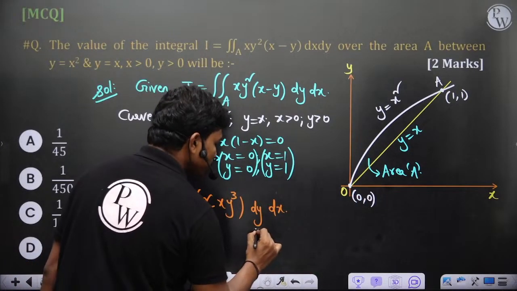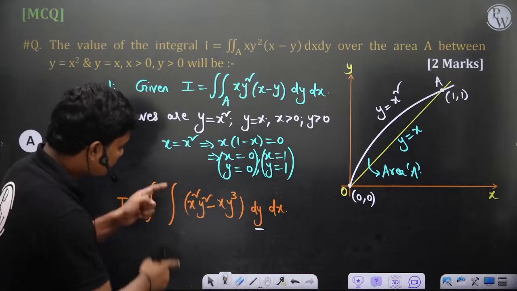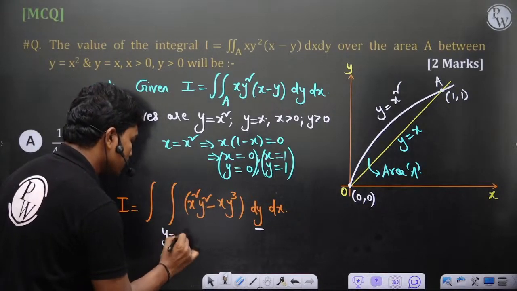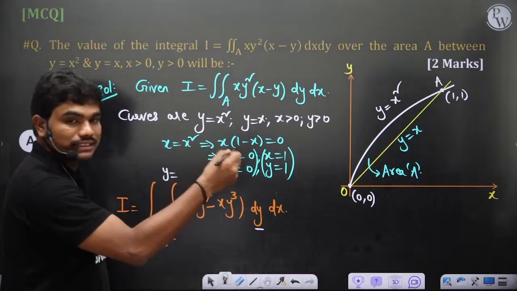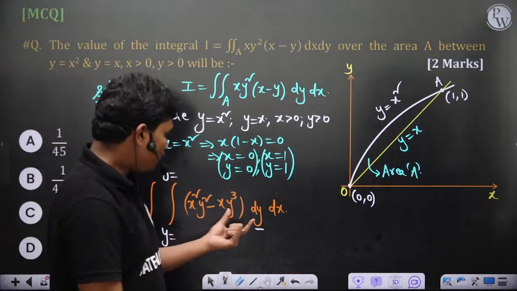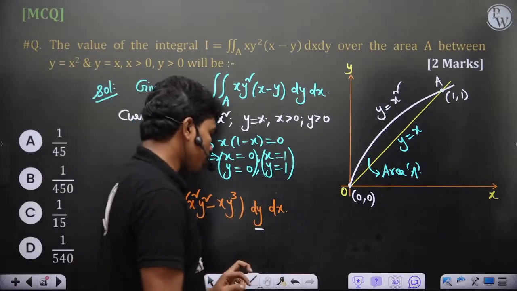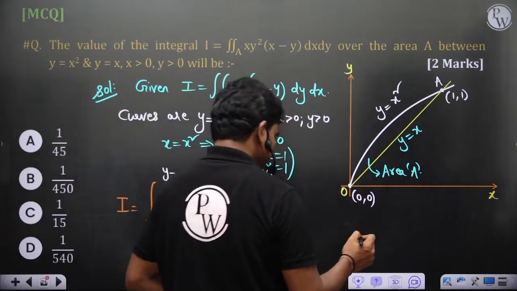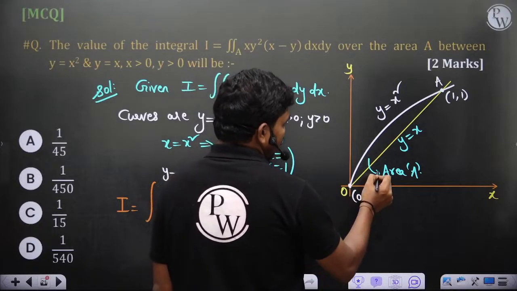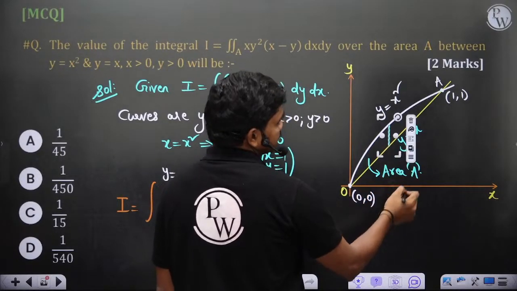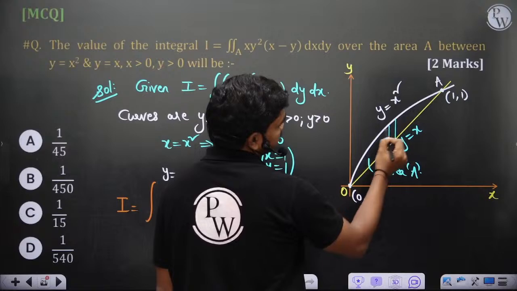When the first variable of integration is y, the limits on this inner integral should be y limits, but these y limits should be functions of x. So if your first integrating variable is y, how do you do this question? You can take a vertical strip, because again we are taking y as the first integrating variable.